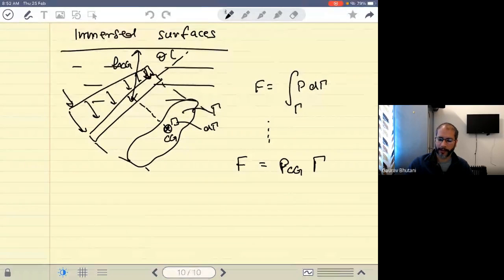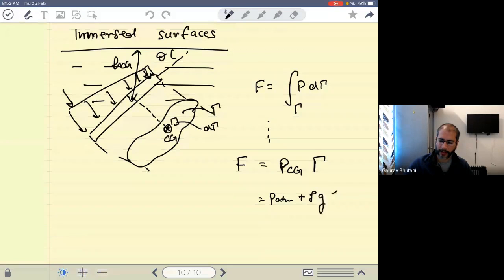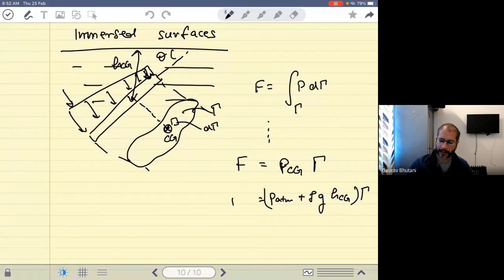The pressure at the center of gravity becomes the atmospheric pressure on the top, plus rho times g times h_cg, and you multiply that by the total area, and that gives you the total force acting on this plate. I strongly recommend that you do these steps yourself to appreciate the conclusion that we have obtained here.